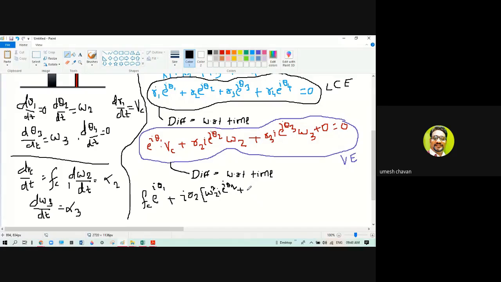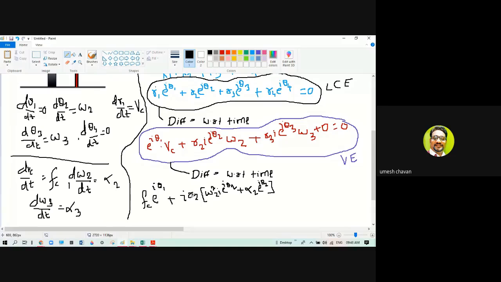Here alpha 2 e raised to i theta 2. This is the expansion of the derivative of this term.